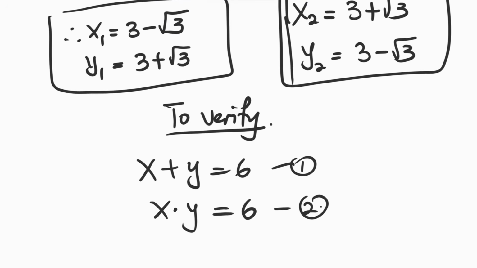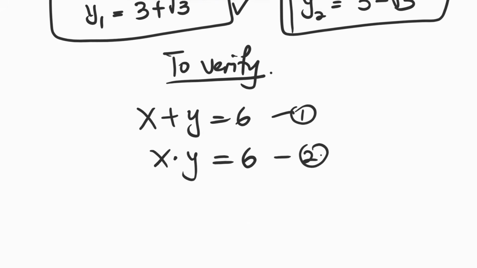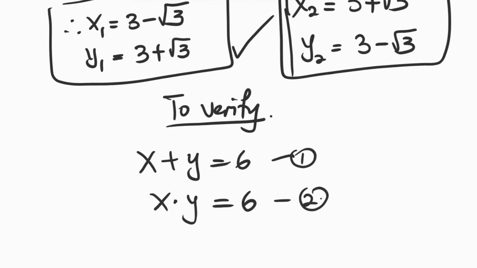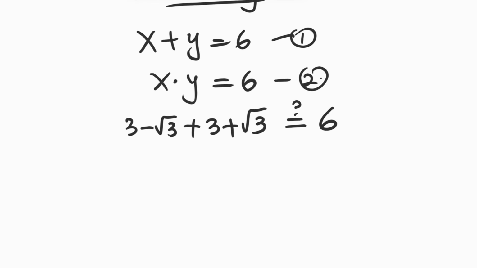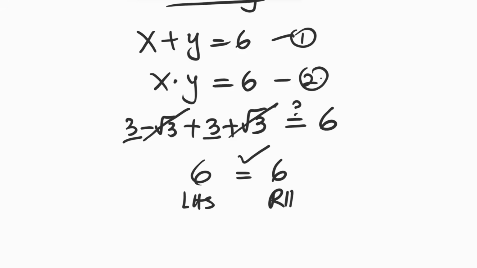So using equation 1, we have 3 minus root 3 plus 3 plus root 3. Let us see if this is going to be equal to 6. Minus root 3 plus root 3 will cancel out, and we'll have 3 plus 3 left, which is 6. We can see that the left-hand side is equal to the right-hand side.